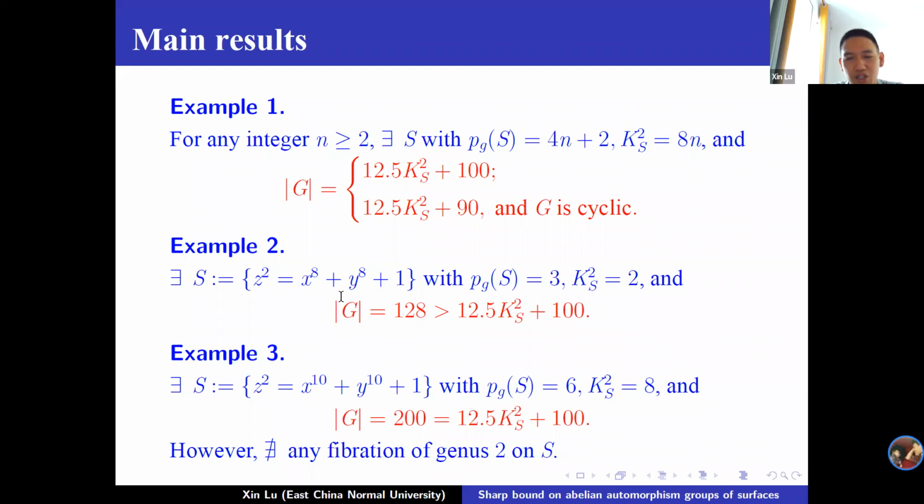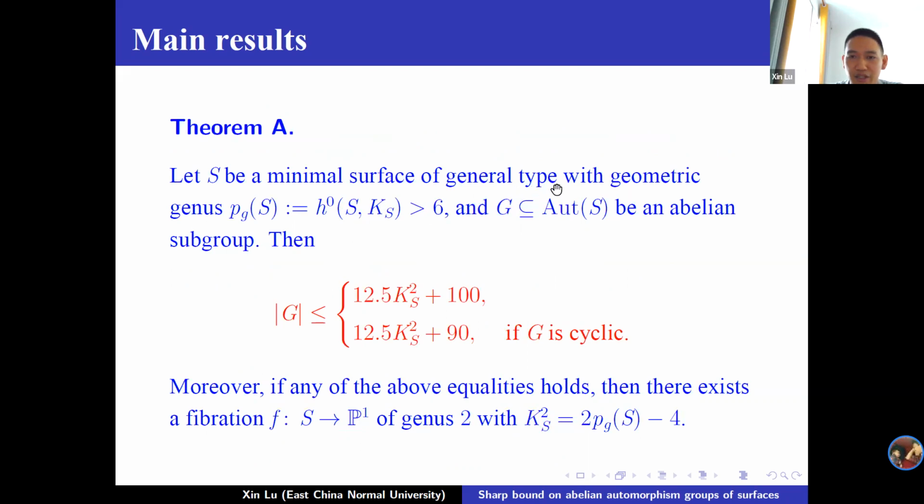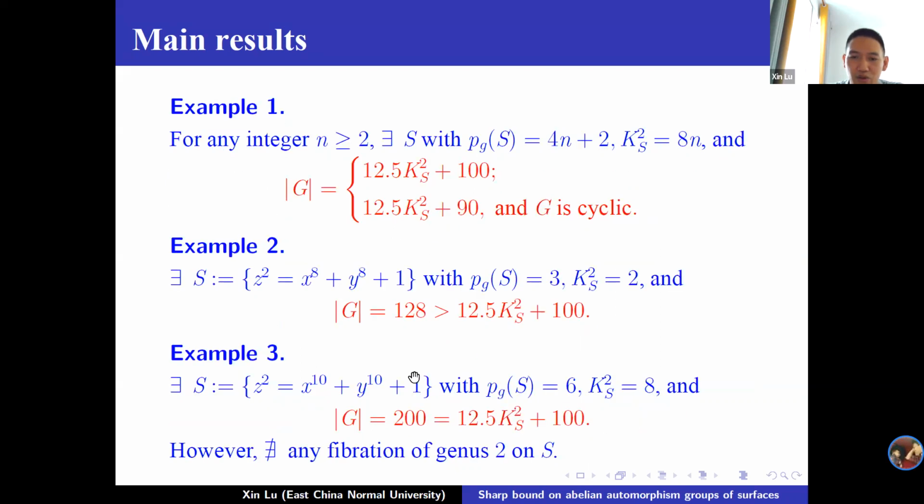And also we construct two examples which show that our assumption that the geometric genus should be at least 6 cannot be dropped. The first example is this one. The equation of this S can be written down explicitly.